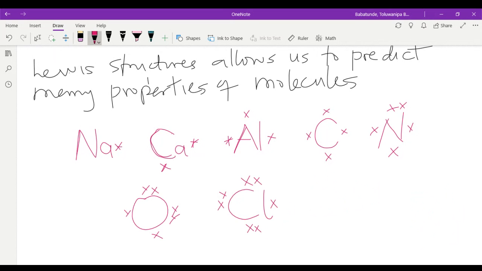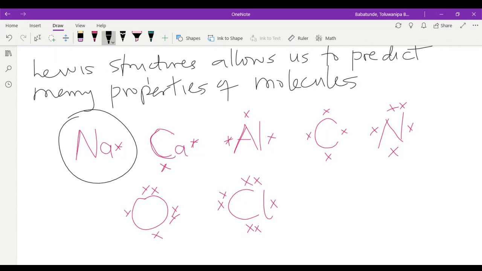One thing that is common about the Lewis dot structures for all these atoms is that all the elements in the same group have the same Lewis dot structure. For example, sodium is in group 1. This is the Lewis dot structure for sodium.